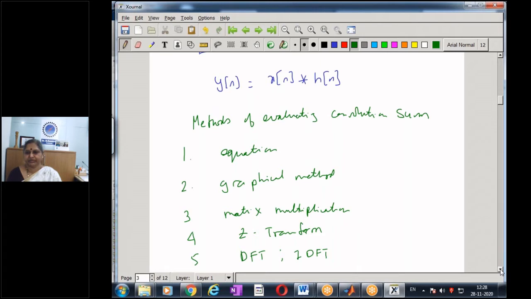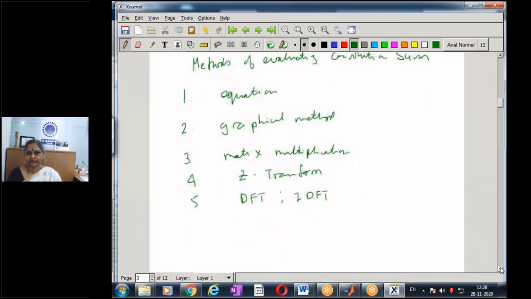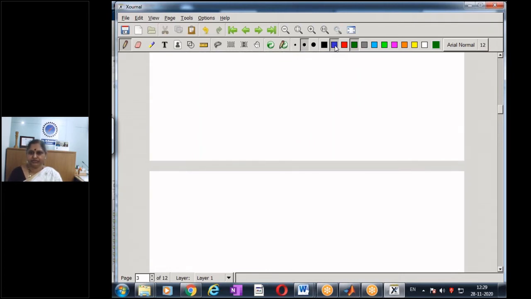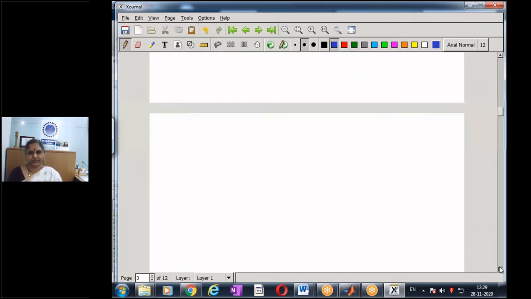So let's take an example to compute the convolution of certain sequences.